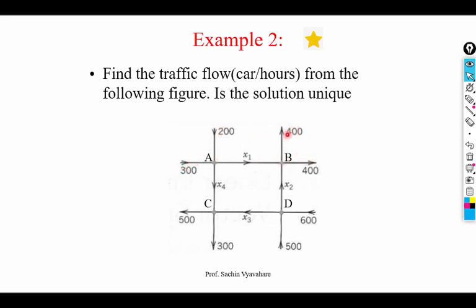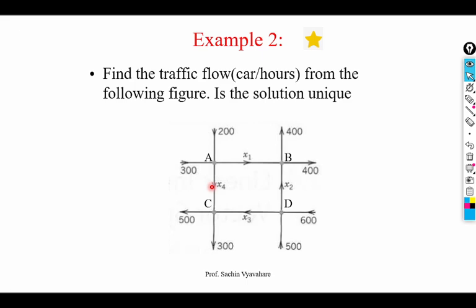Whatever these numbers represent, like here 300 vehicles are at this position, 500 are at this position in that direction, 300, 500, and so on. Not only that, in between some variables are introduced, say x1, x2, x3, x4, and these are unknowns.